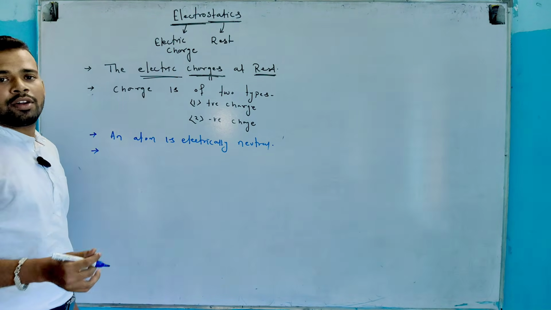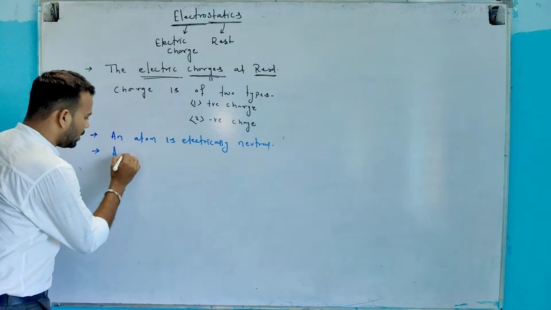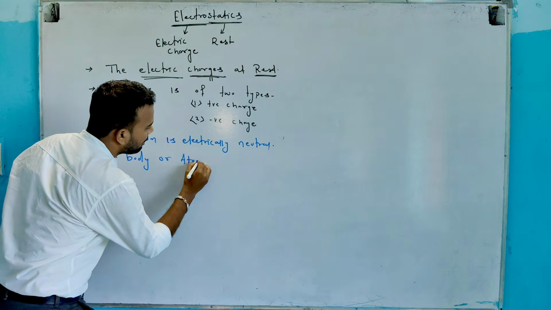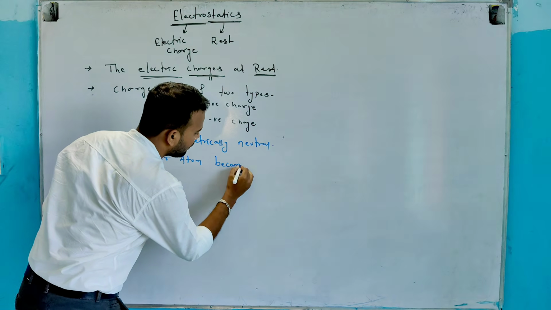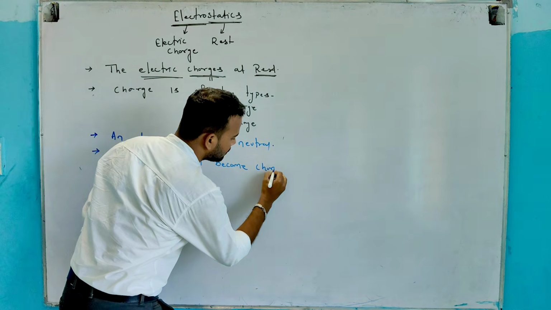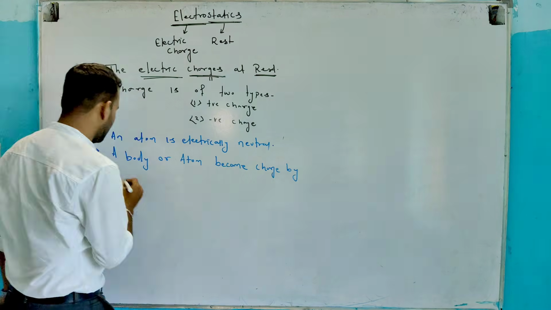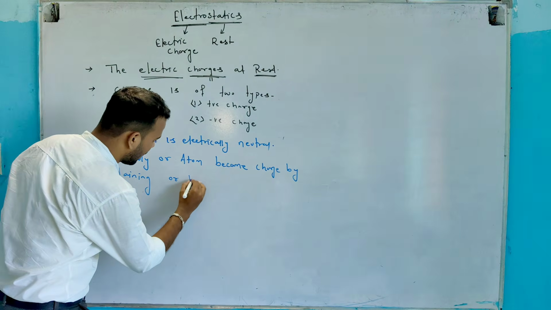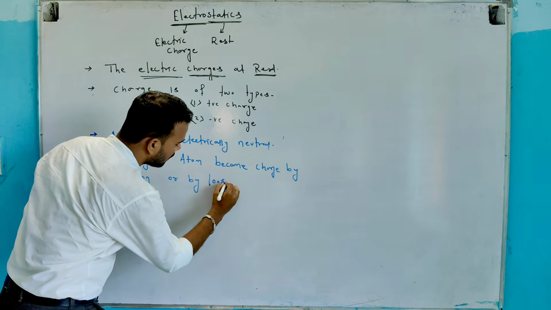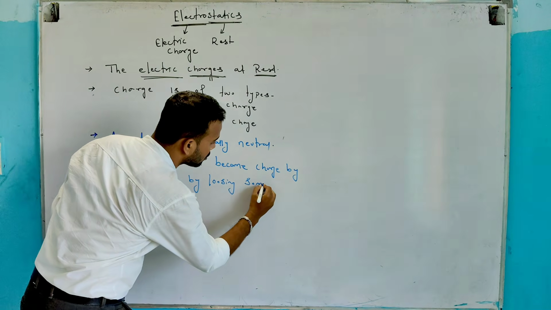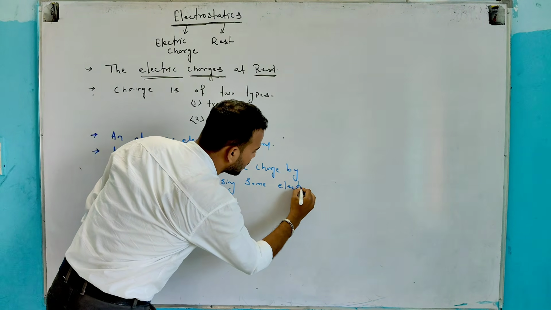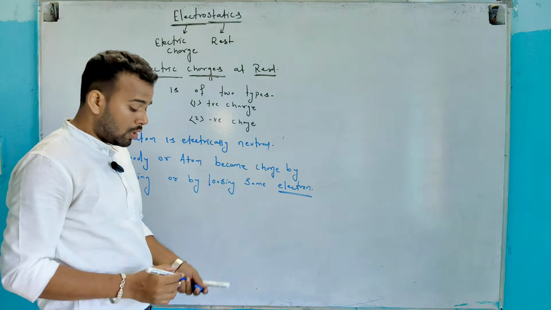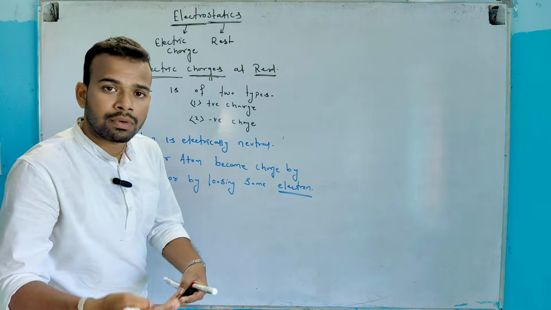So, how does a body become charged? A body or atom becomes charged by gaining or by losing some electrons. Here, the words are gaining or losing some electrons, not gaining or losing some protons.